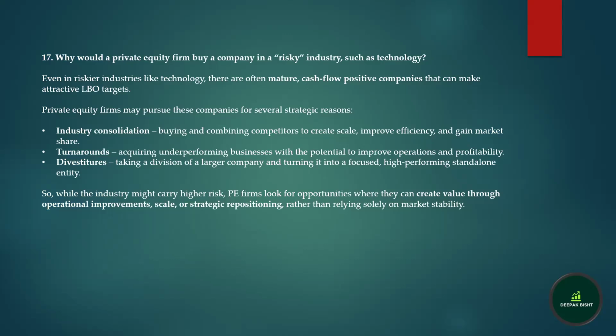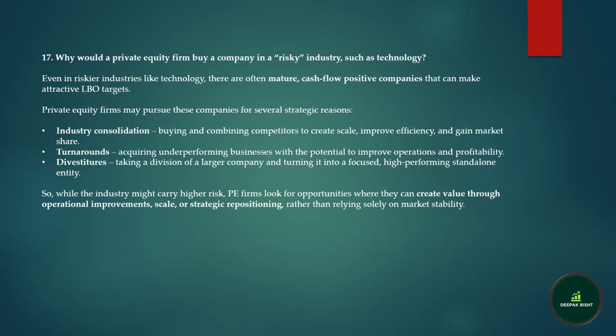Disruptive technologies such as artificial intelligence, blockchain, and cloud computing may offer massive returns if the firm can identify and capitalize on trends before they become mainstream. So a private equity firm that focuses on growth opportunities in the technology space may be willing to accept the higher risk for the potential for outsized returns. They see volatility as an opportunity to capture value before the market catches up.